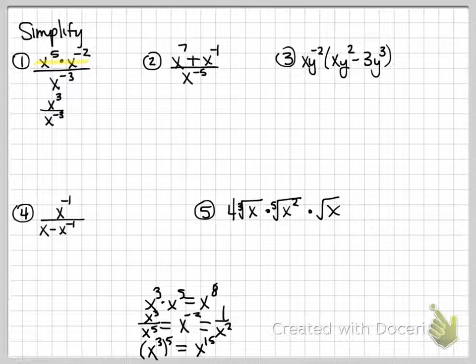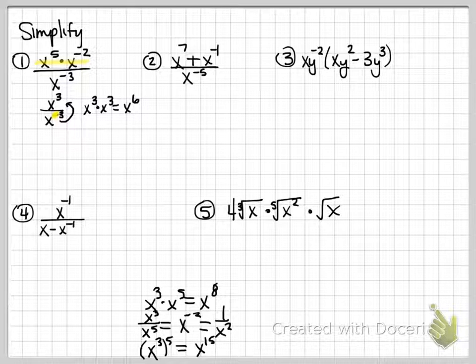Well, this negative here in the bottom tells me to flip it over. So if it's in the bottom, it's going to flip to the top. That's giving me x cubed times x cubed. So my final answer is x to the 6th.